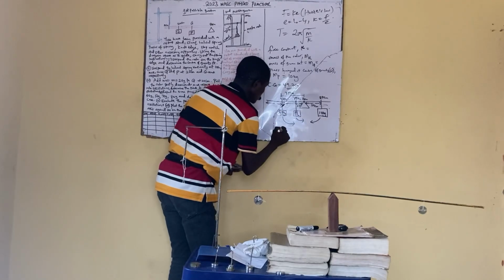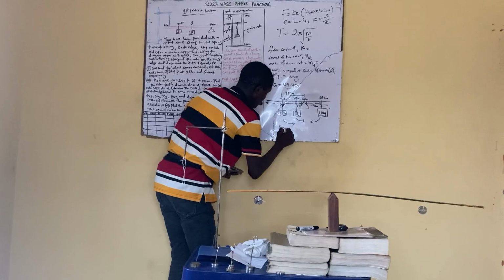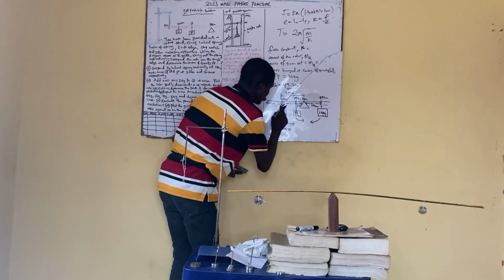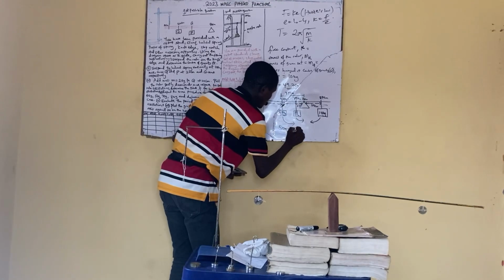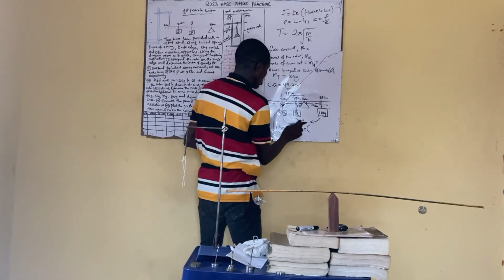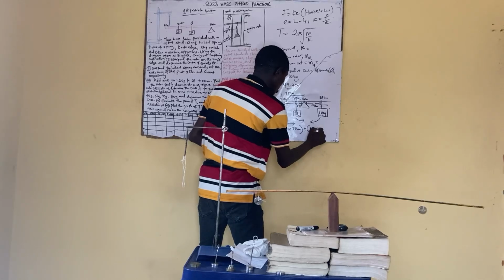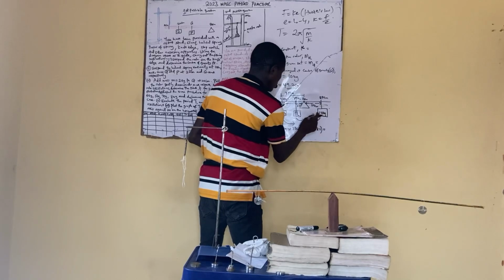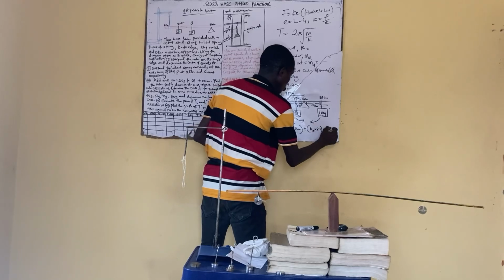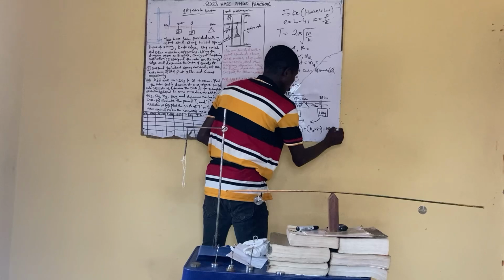So 50 times, don't forget this is in grams, so whatever we are going to get is going to be in grams. 50 grams times the distance from here to here, 35 centimeter, plus MR times 8.3, equal to 100 grams times 29 centimeter.